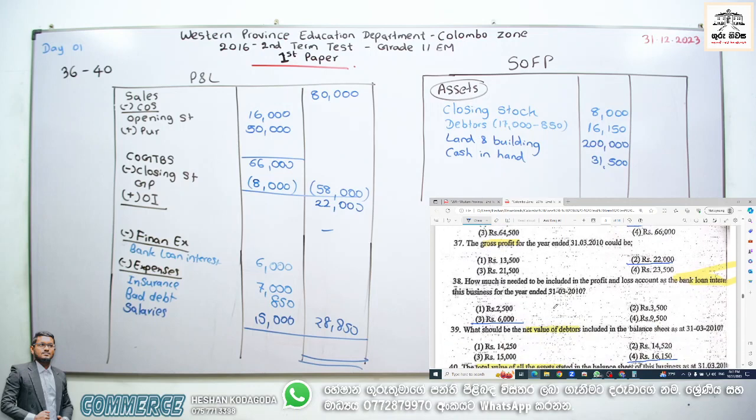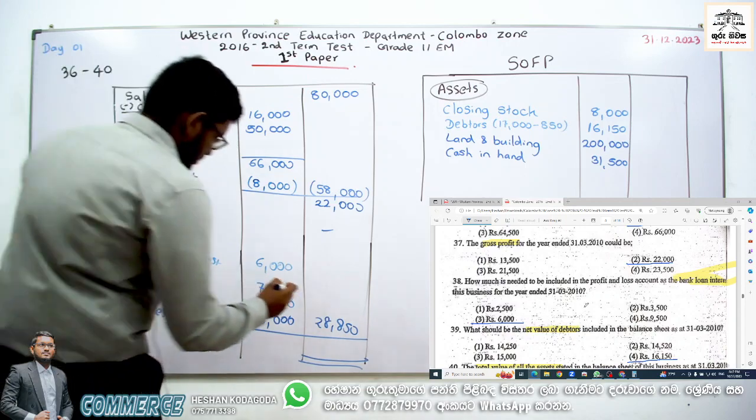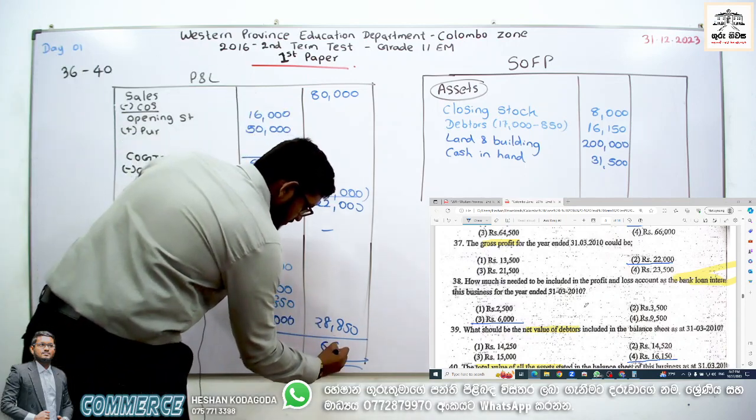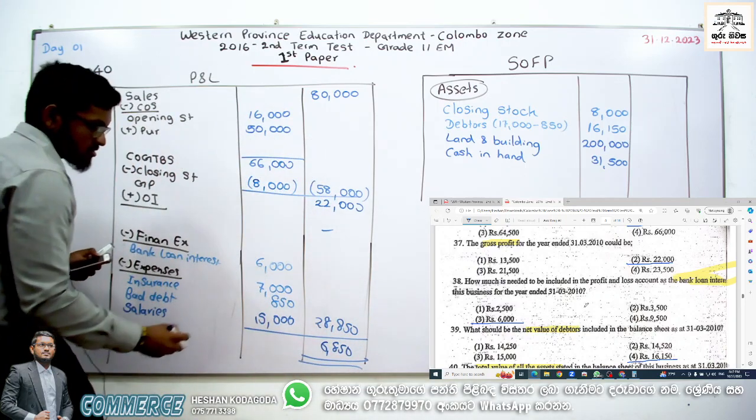Sorry, it's my mistake. In here, no need to calculate the net profit as well, right? No requirement to calculate, so don't do it. 6,000, 7,000, 850, 15,000. So there is a net loss, right? 6,850. This is a loss.